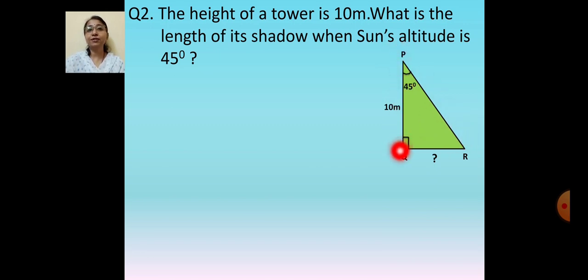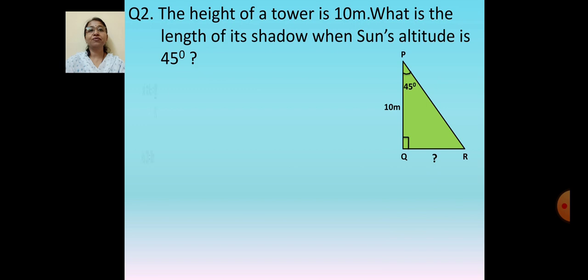Here object is tower. So the height of tower, which is represented by PQ, is 10 meter and shadow will fall on the ground. So here length QR will represent the shadow of that tower PQ. So we have to find the length of its shadow. Now with respect to that 45 degree angle, adjacent side is given, opposite side we have to find out. Again, which ratio will help us?